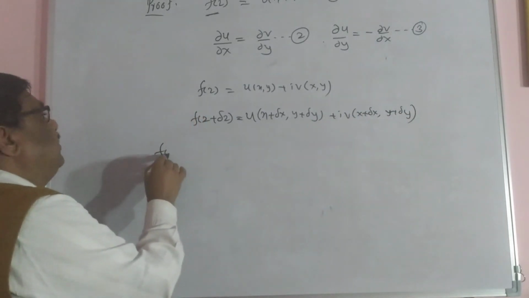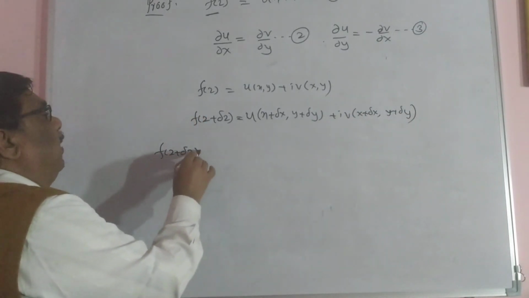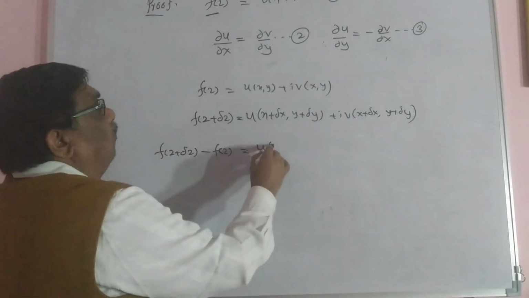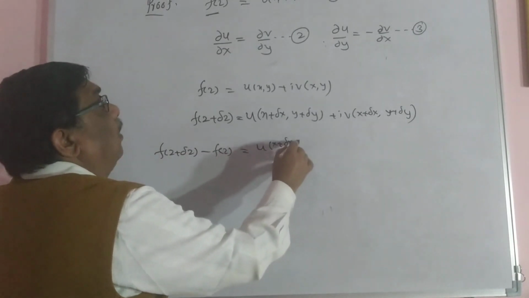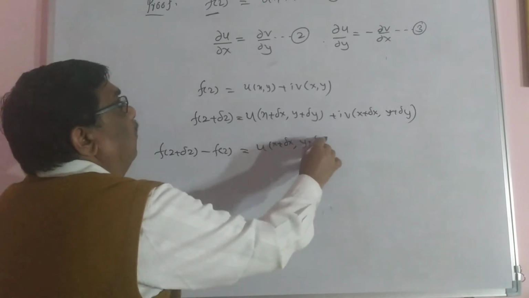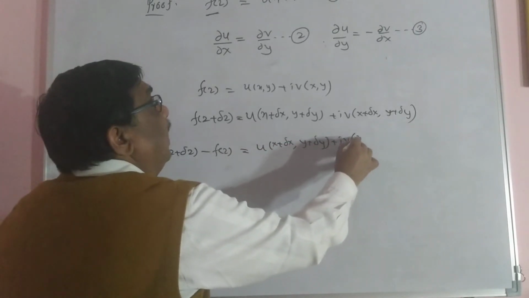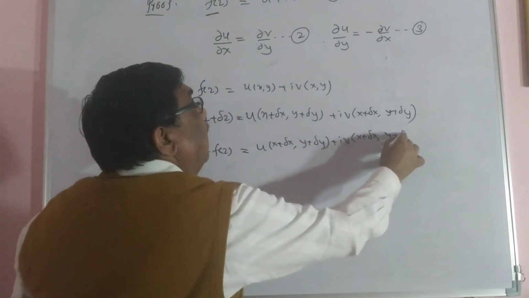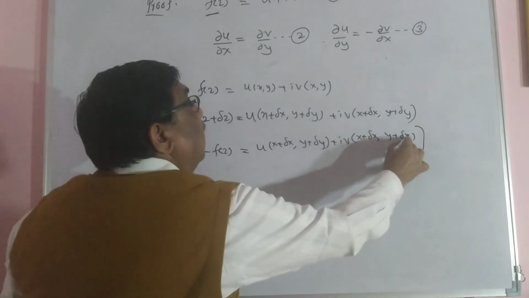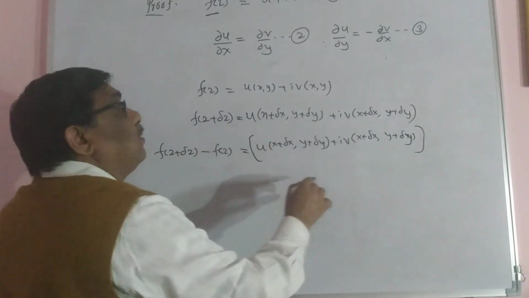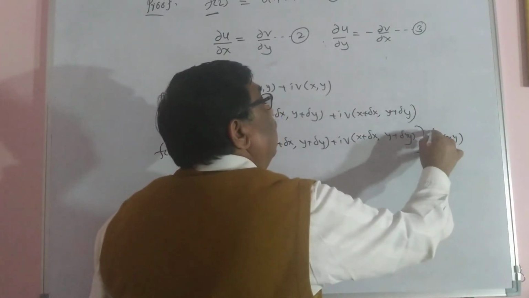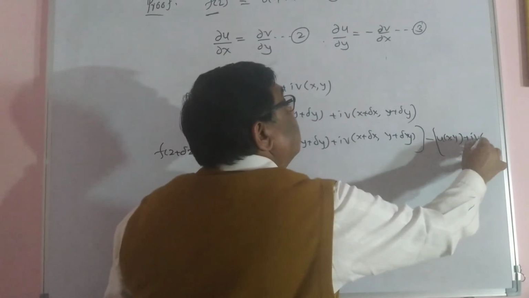Then f of z plus delta z minus f of z equals u of x plus delta x comma y plus delta y plus iv of x plus delta x comma y plus delta y, minus u of x y plus iv of x y.